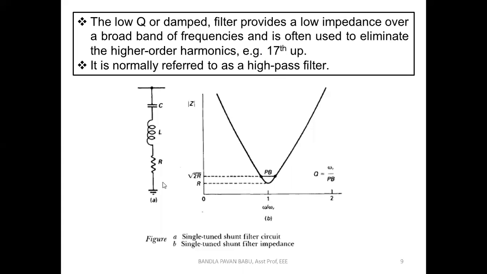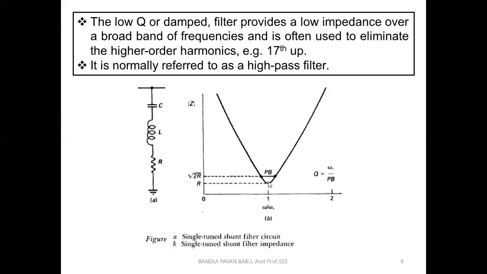This is from the figure you can see here. Figure B is the single tuned filter impedance. If we consider this ratio of omega to omega r, at the resonance condition all the reactances are cancelled and only resistance exists.